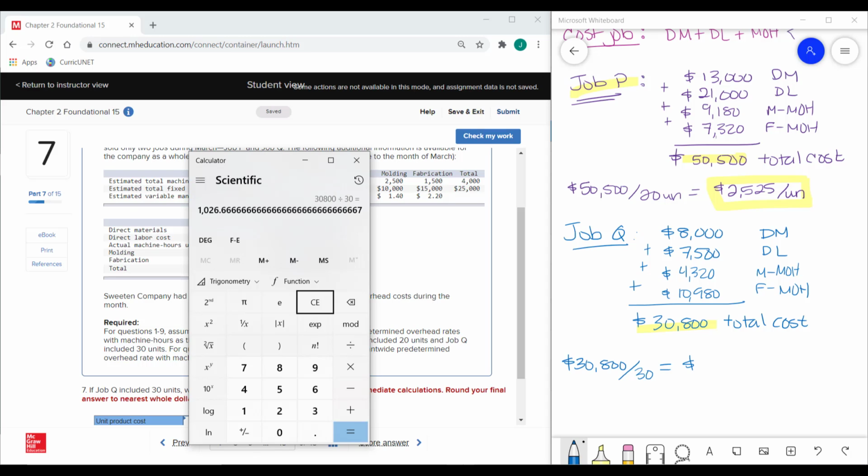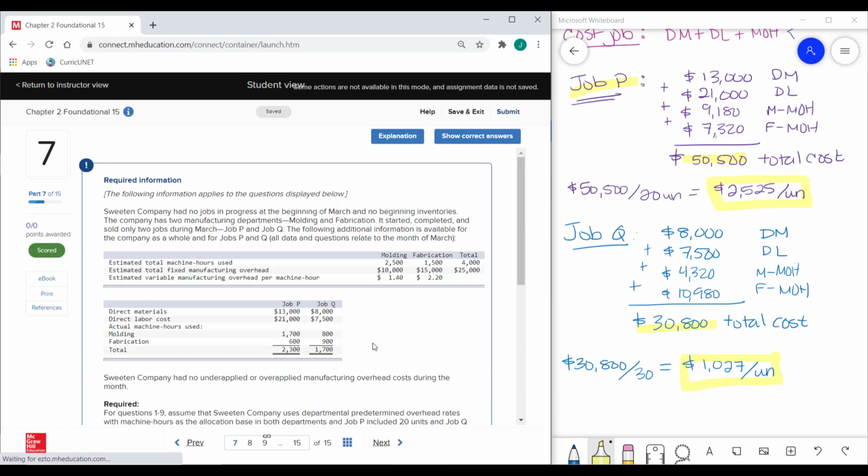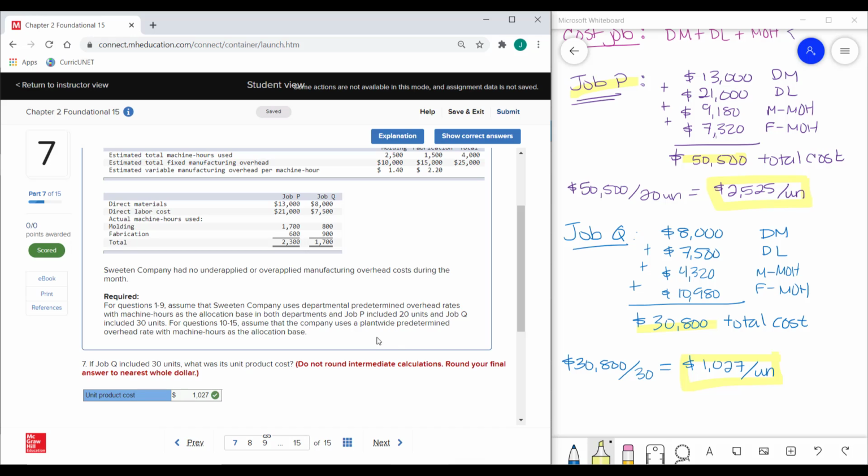So that rounds to $1,027 per unit. So that's the cost of producing one unit within job Q. So we'll do 1,027 here. We'll score our answer. There we go. Very good.